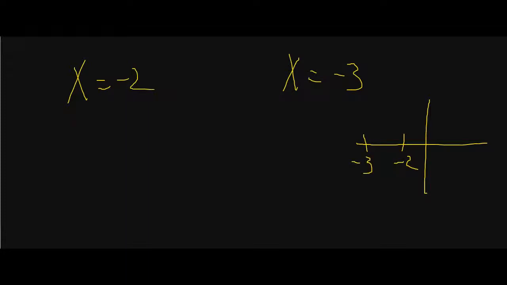That means that our roots are right here at this location, and our quadratic equation probably looks something like this. Now, if we wanted to write this in factored form, this is negative 2, so it's the opposite. We're going to get x plus 2, and over here x plus 3.